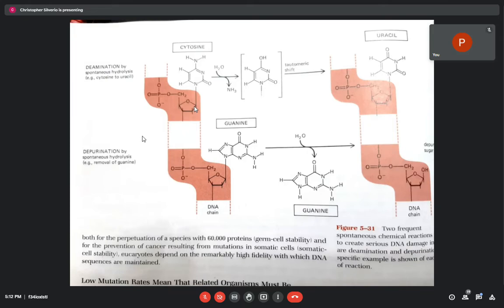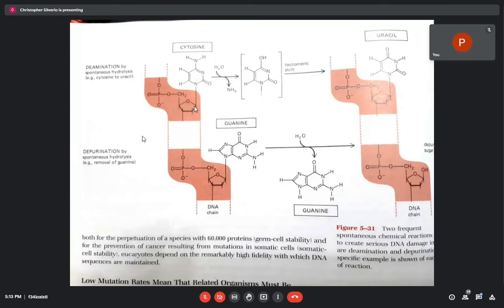Di ba yung mutation ng ano? What will happen to the DNA now? Tingnan nyo mabuti ang diagram. You look at the arrow kung anong nangyayari.